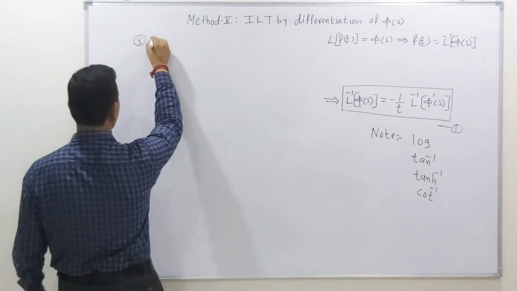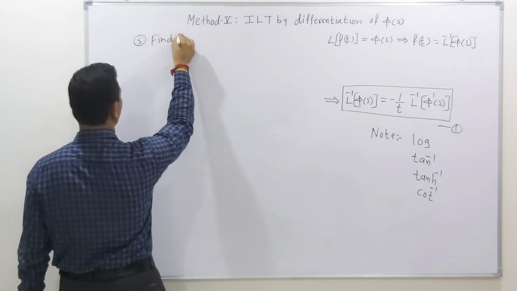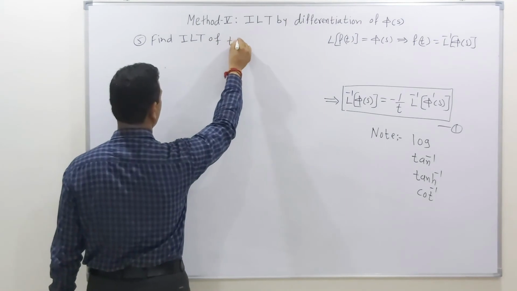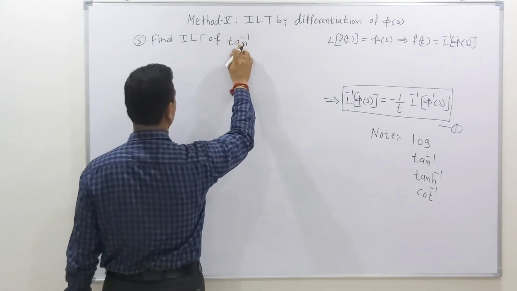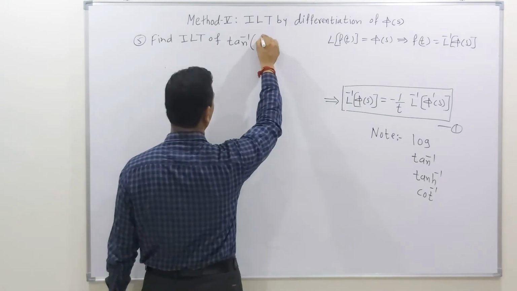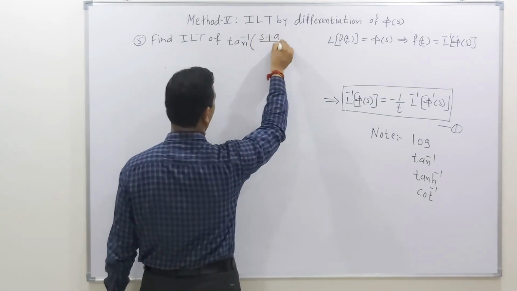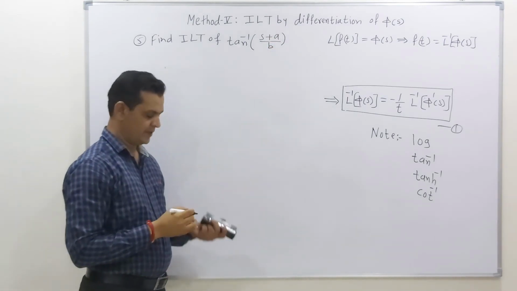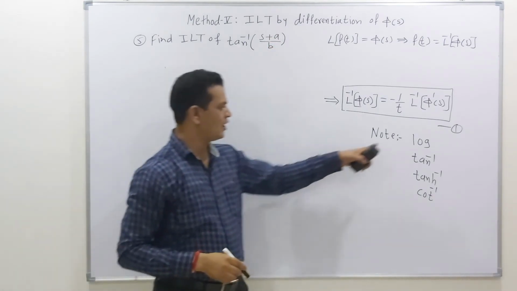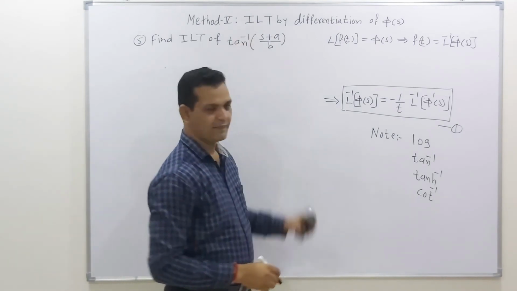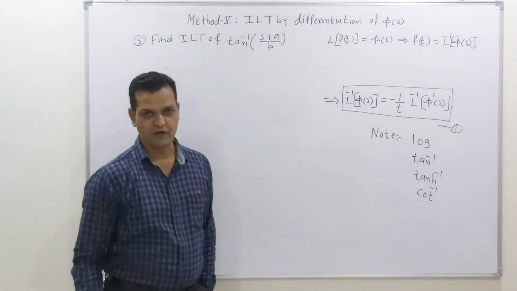So question is find inverse Laplace transform of tan inverse of s plus a upon b. So again here, whenever log, tan inverse or cot inverse term is there, use the concept of differentiation of phi of s.